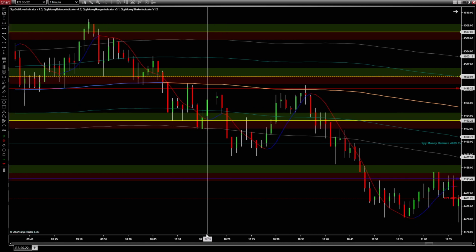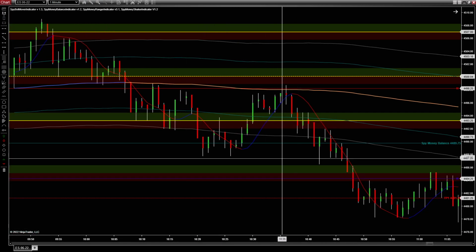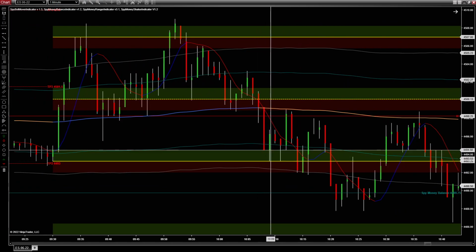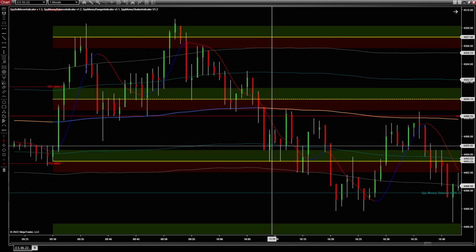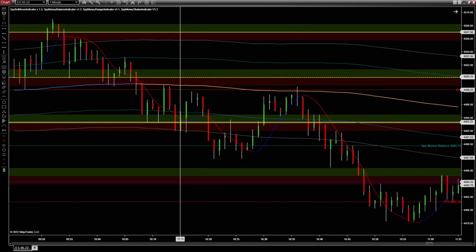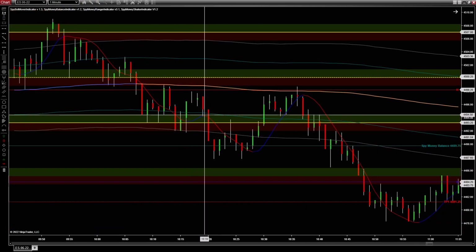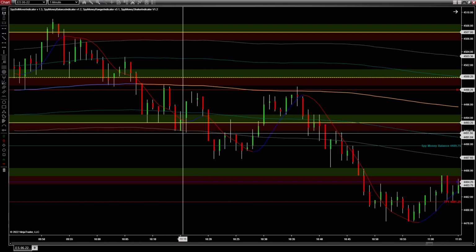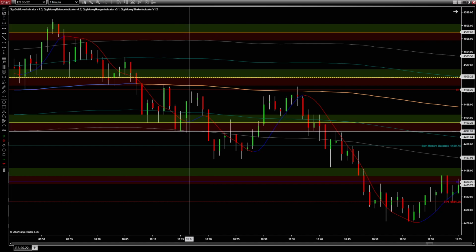So if you look at this one right, let me find one. Actually, that one right there. When this came out and came down in here, if you had your stop right there, you wouldn't have been weeded out. As far as the entry, you would be looking more at this mover coming down through here, but you would be thinking that your entry would be off the bottom of this zone.